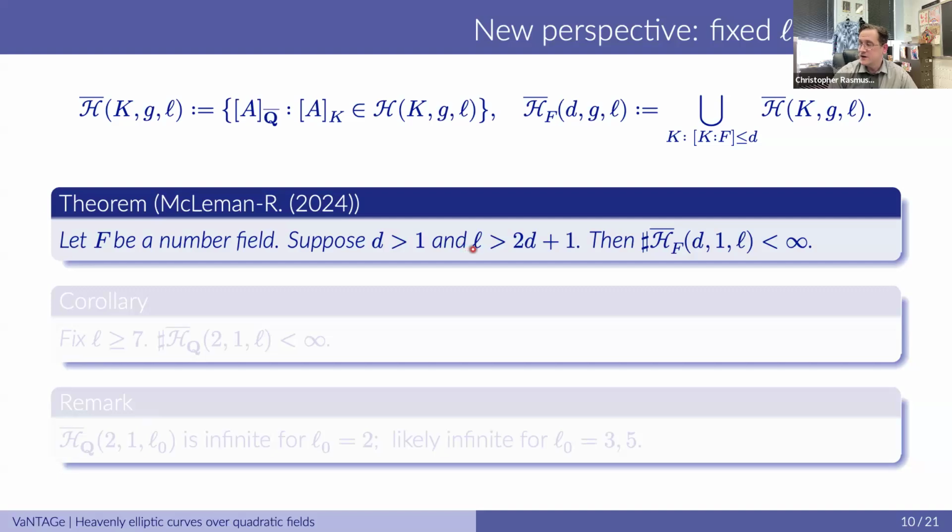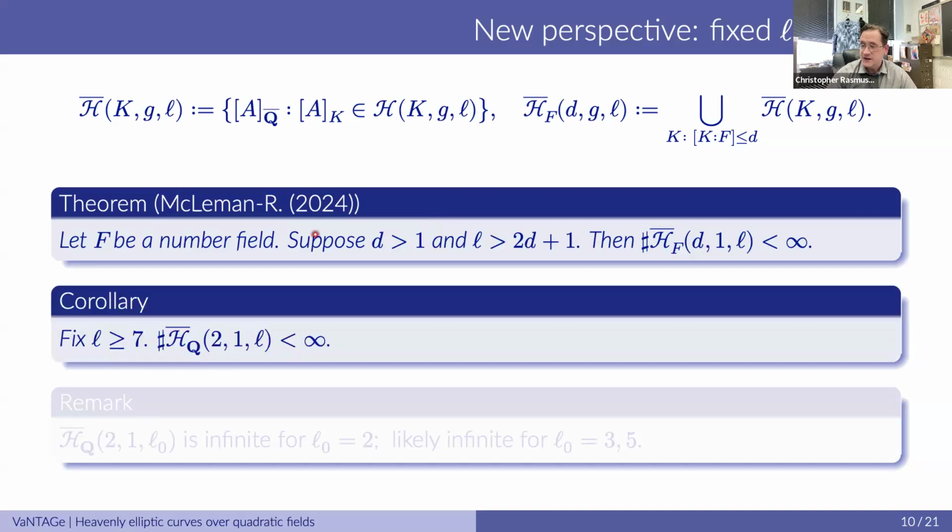Once L is sufficiently large, we're guaranteed that over this bounded degree family, we will see only finitely many instances of heavenly elliptic curves up to Q bar isomorphism, right? So the same Q bar isomorphism could be represented over many different number fields of bounded degree, but up to Q bar isomorphism, there is a finiteness result. And this is completely explicit, meaning that if we specialize to the case of elliptic curves over a quadratic field, we get a finiteness result as soon as L is not tiny.